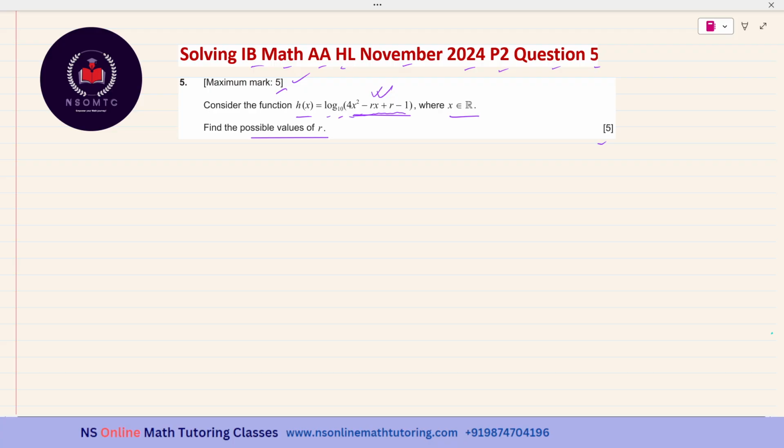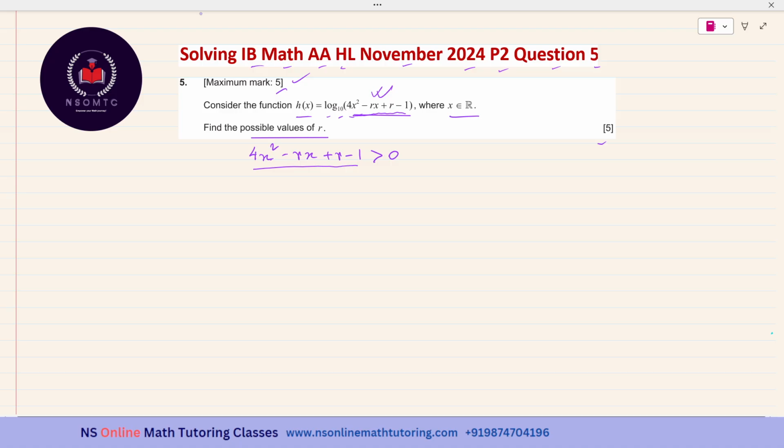So we can write 4x squared minus rx plus r minus 1 is greater than 0. And this is a quadratic expression for x.